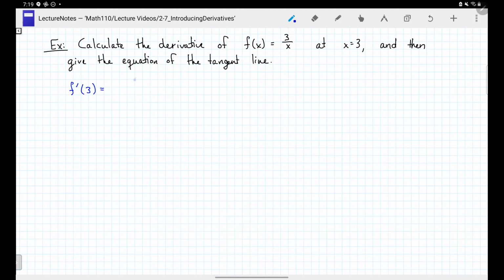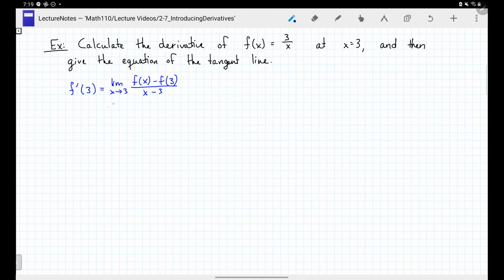So that's the difference in the y values, f of x minus f of 3, divided by the difference in the x values, x minus 3, and I take the limit of that as x approaches 3.